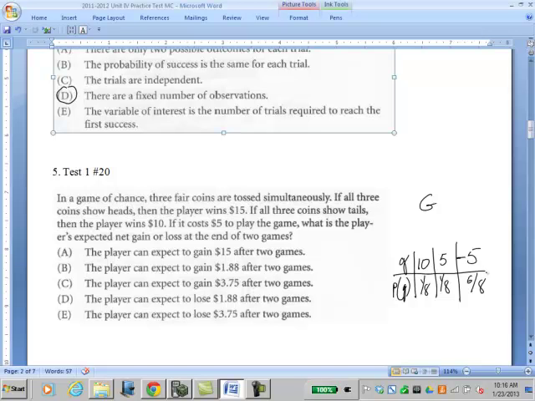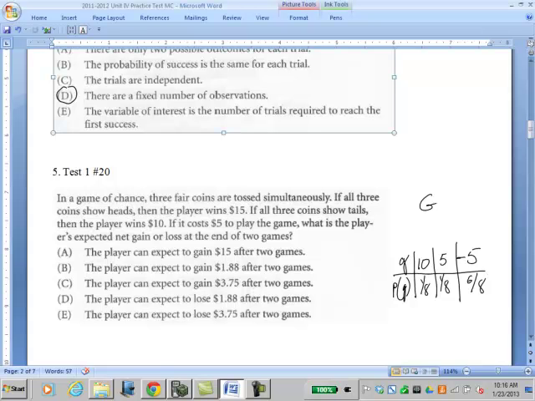You're throwing three coins. Okay. So to get 3 heads, it's 1/2 times 1/2 times 1/2. 3 tails, 1/2 times 1/2 times 1/2. Okay. And so those are the only 2 outcomes in which you win money. In all other outcomes, all other combinations, you lose $5.